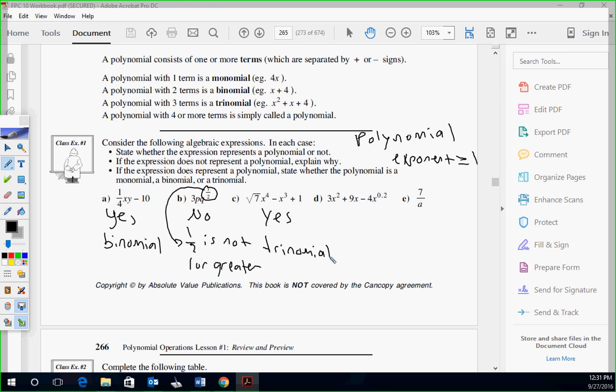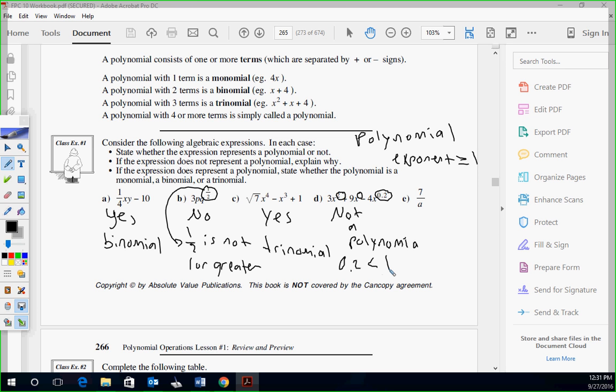It's a trinomial, but what number is this? It's a 2, right? What's this one? And then what's this one? Right, which is smaller than 1, so not a polynomial. 0.2 is less than 1.